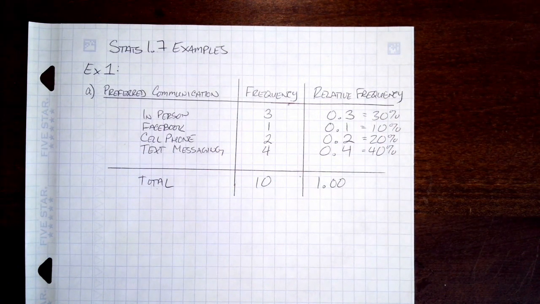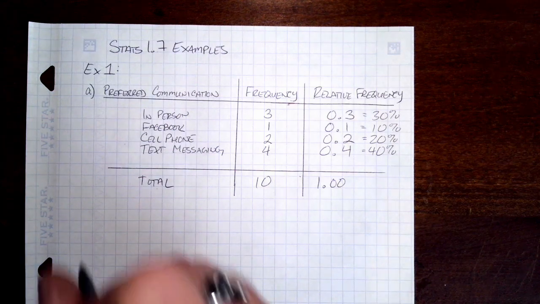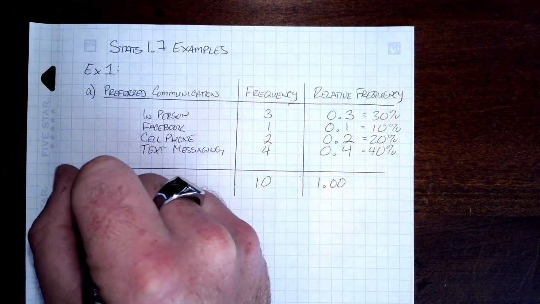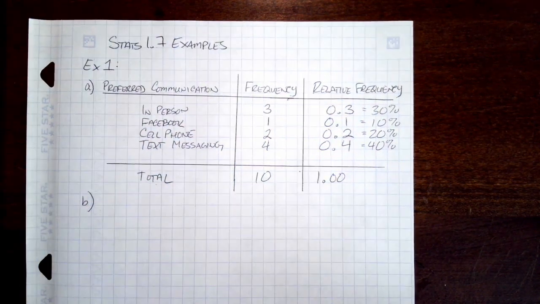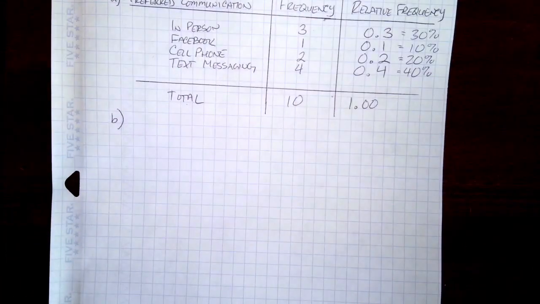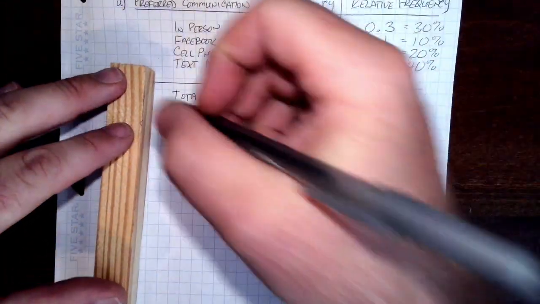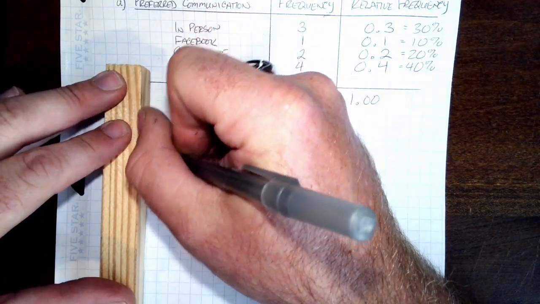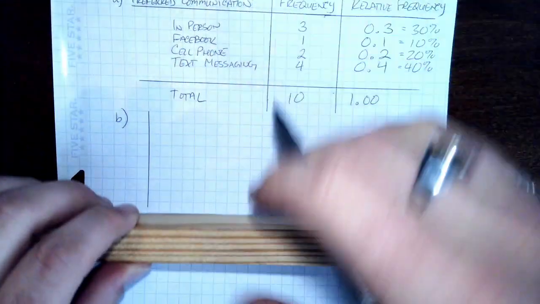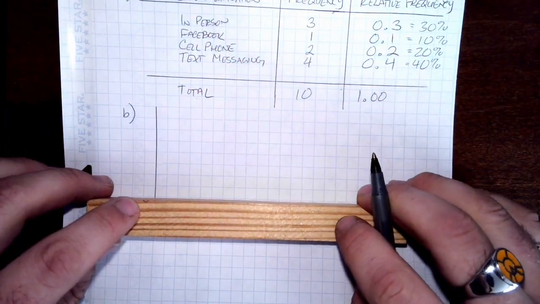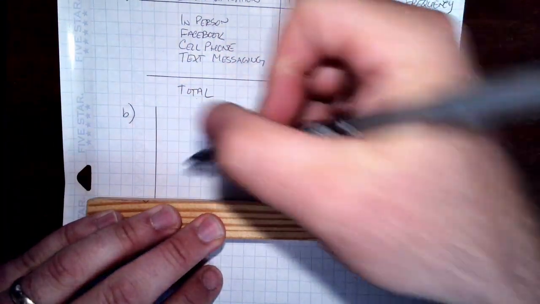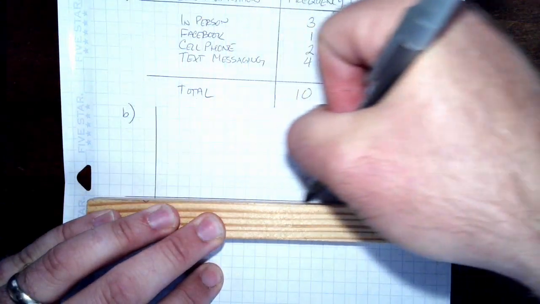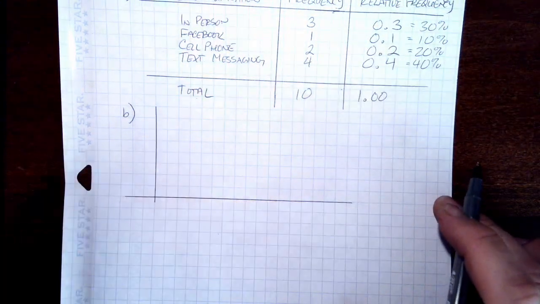So now we need to make a relative frequency bar graph to express our data, to visualize it. So our y-axis is going to cover the relative frequencies. The x-axis is going to describe the preferred communication methods.